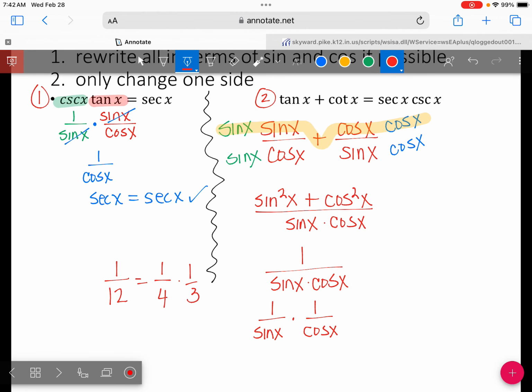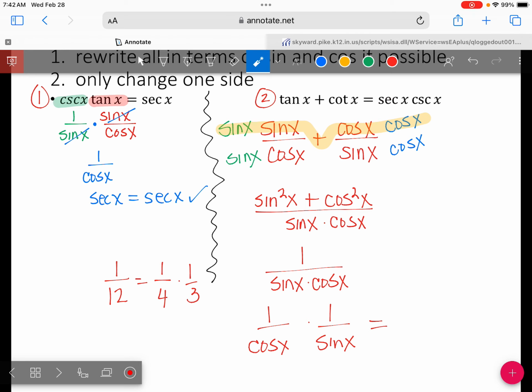And we know that 1 over sine is cosecant. I should actually write it the other way so that it's in the same order, but we're not that picky. Technically the cosine x should come first and the sine x should come second, only because what I'm trying to verify is that secant is equal to secant times cosecant.